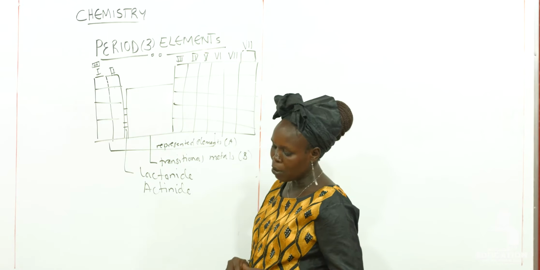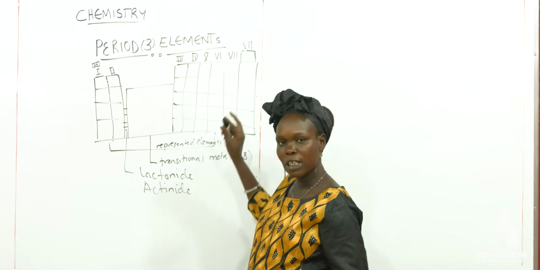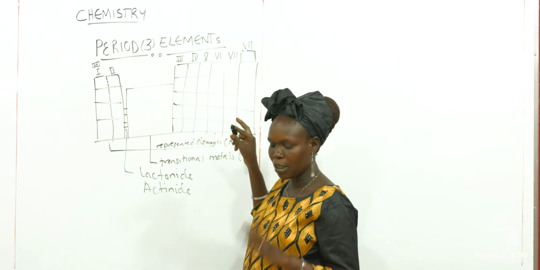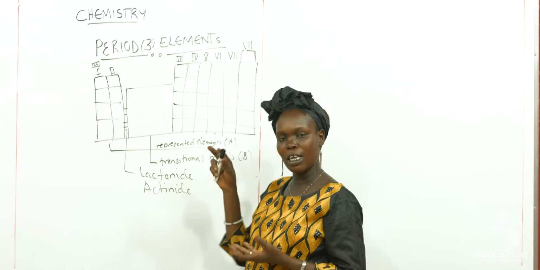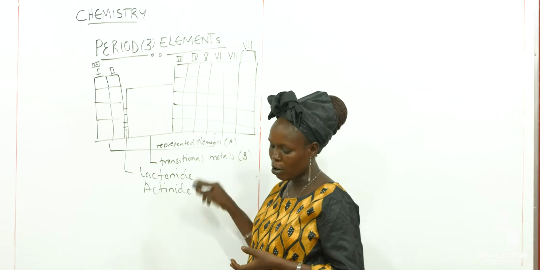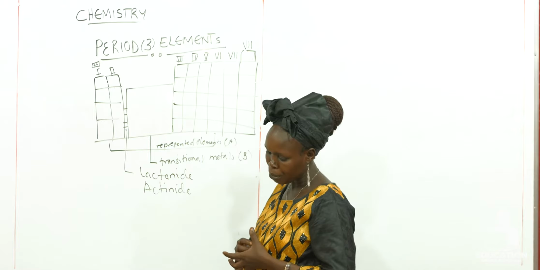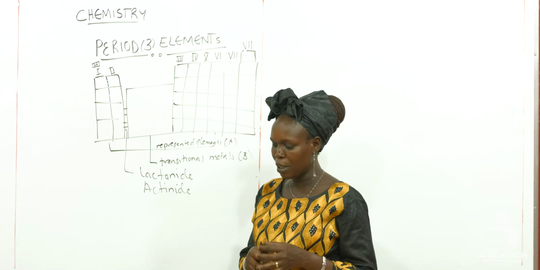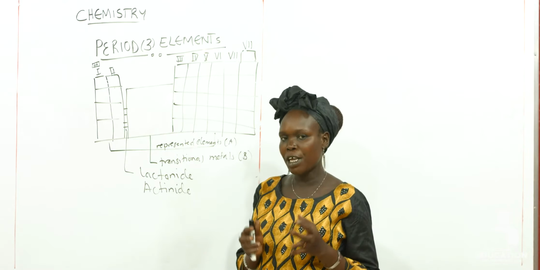The modern periodic table is arranged such that the period represents the row, and the group is represented by the columns, as I've already explained. All elements within a period have the same number of energy levels.